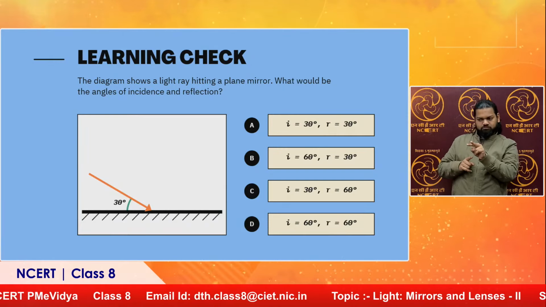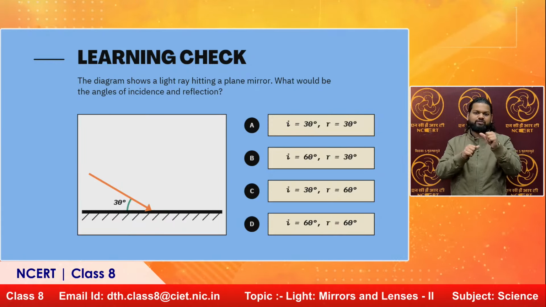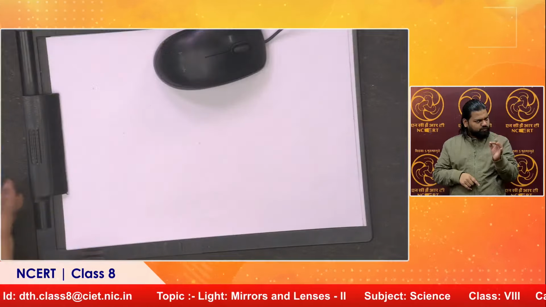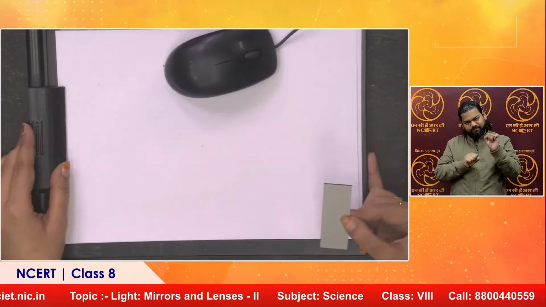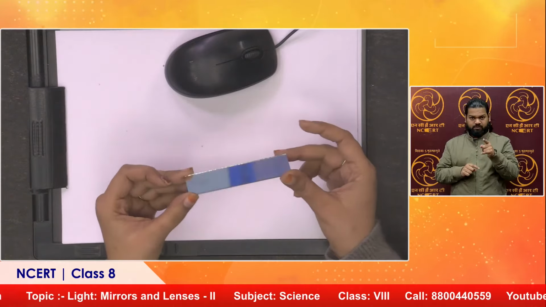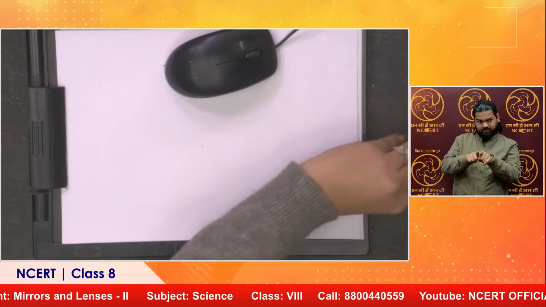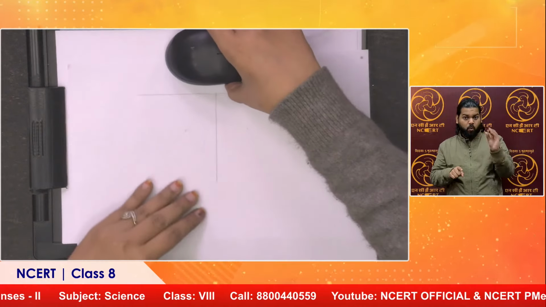So we have seen the theory of how we find this out. Now we will see whether it is actually happening in real, so we will conduct this activity. This is the plane mirror, with the properties that we are talking about, and here I have drawn all the necessary rays.